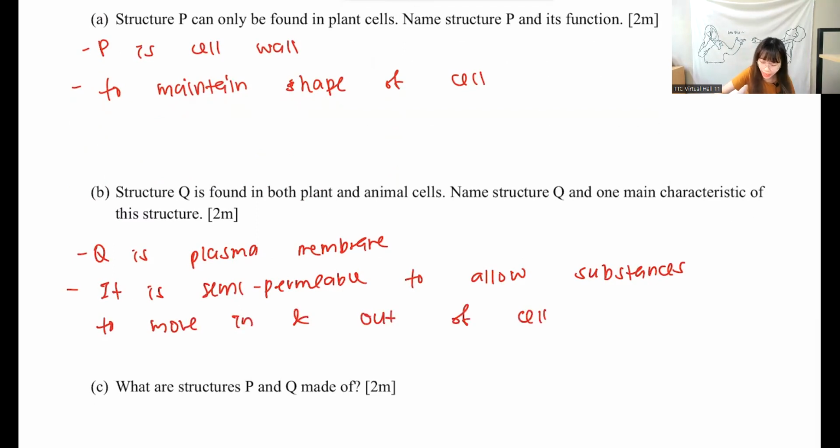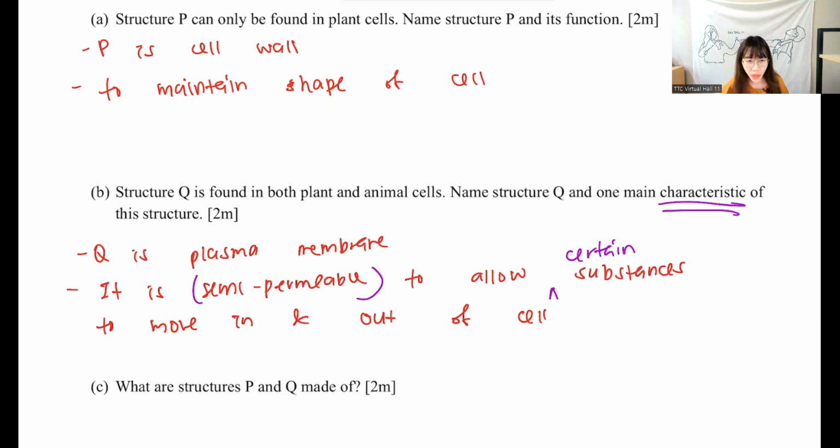You have to write the characteristic, because it asks you to write the characteristic. Thin and elastic also correct actually. Just that we just write semi-permeable most of the time, because usually if you ask about plasma membrane, then you have to talk about semi-permeable, right? Oh, forgot to write certain. Thanks. To allow certain substances to pass through. Very good. Yes, you need to write certain.